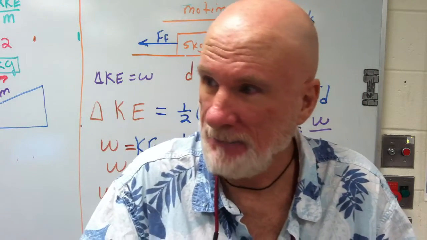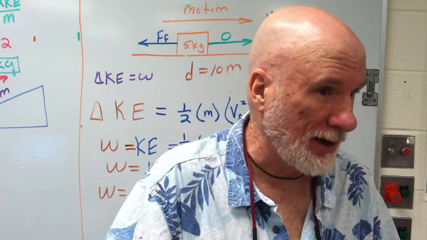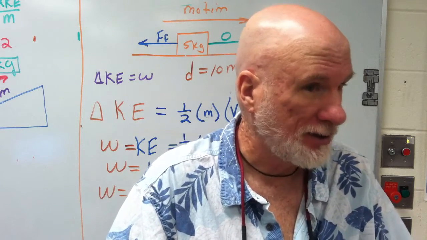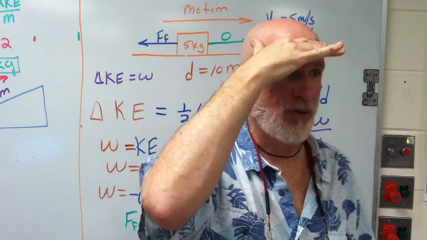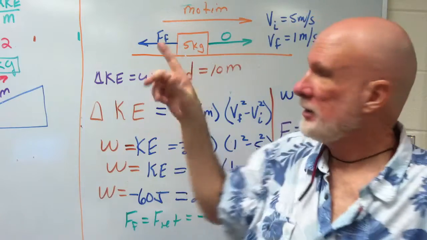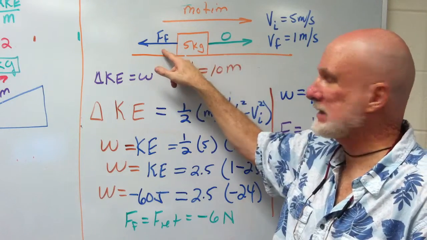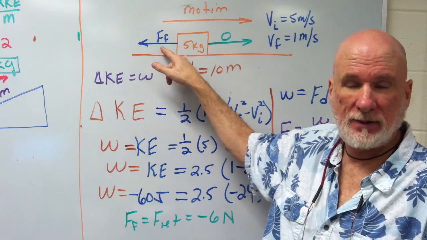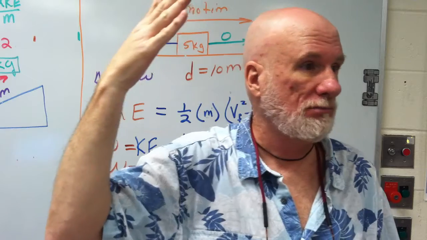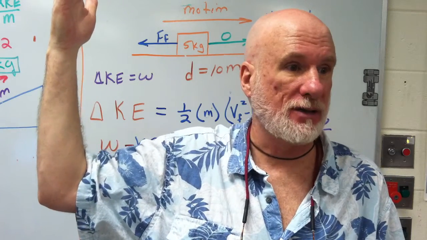F net, right? So F net is what's going to decelerate it. But it's also the friction. Because net force is what? If I had something accelerating, this would be 0 minus force of friction, right? Correct? So F net is the force of friction.